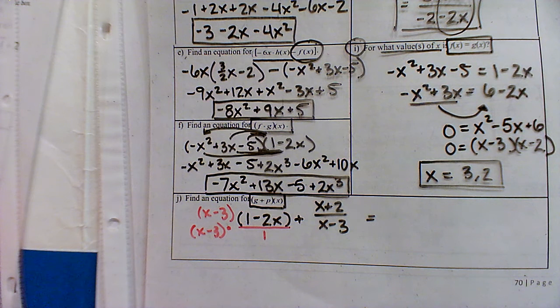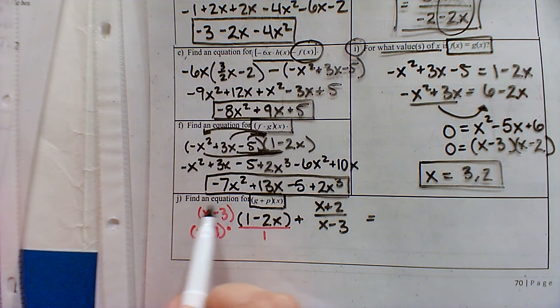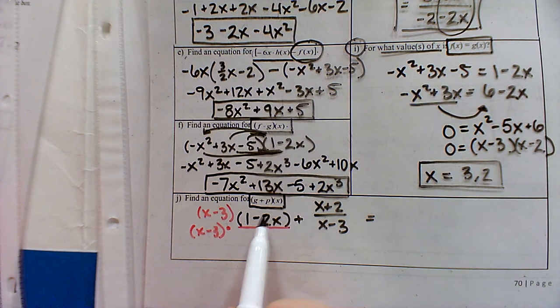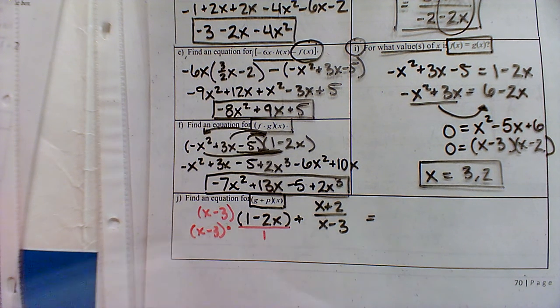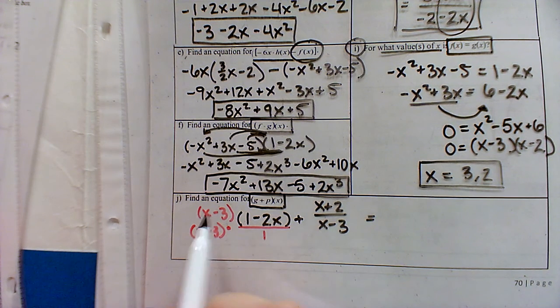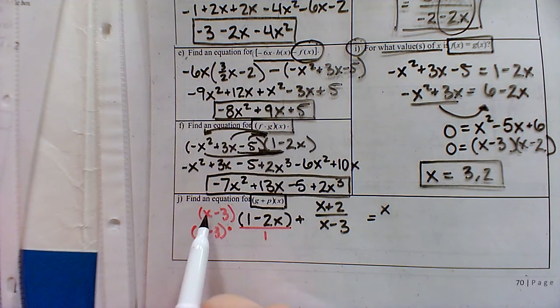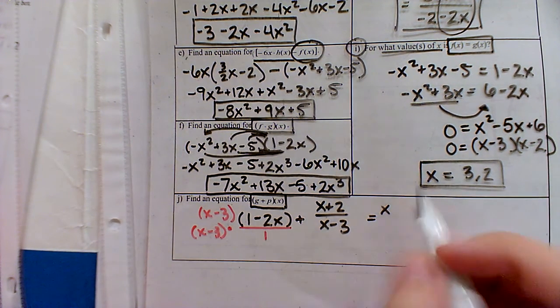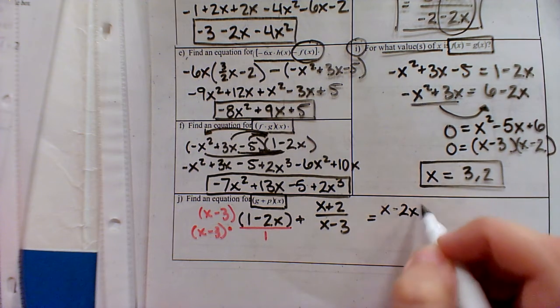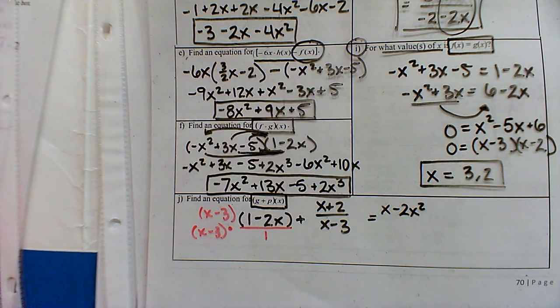If you have two fractions equal to each other, you can cross multiply. Yep, multiply straight across. So if we take this x minus 3 times the 1 minus 2x, we're going to go through a FOIL process to get rid of those parentheses. X times 1 is x. X times negative 2x is a negative 2x squared.